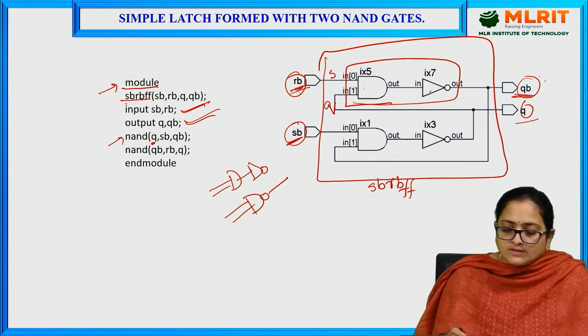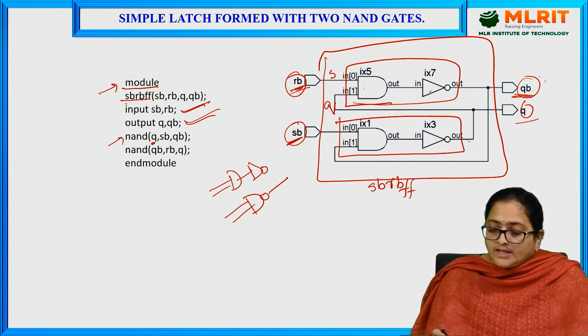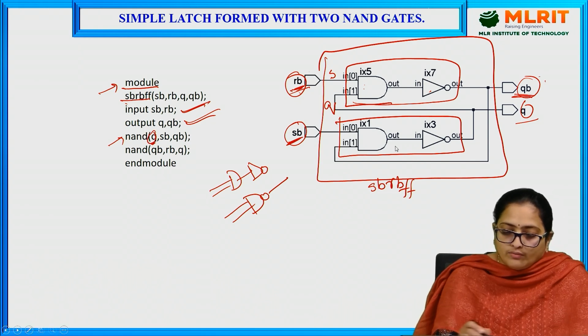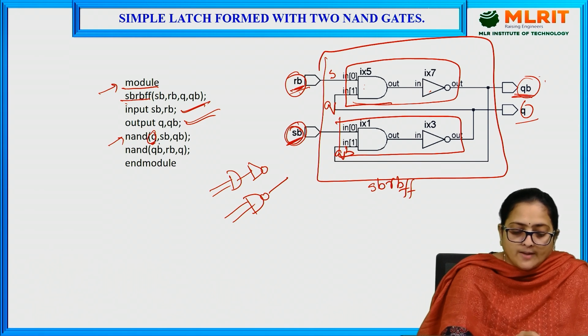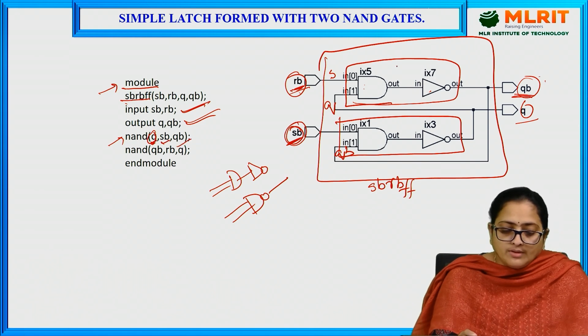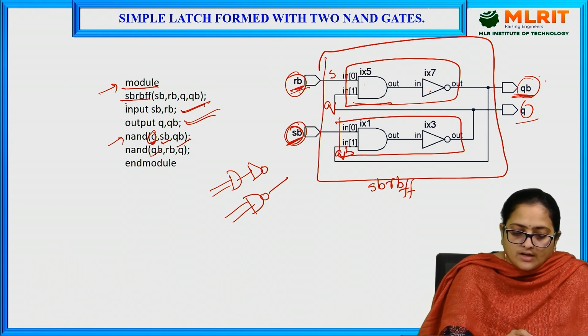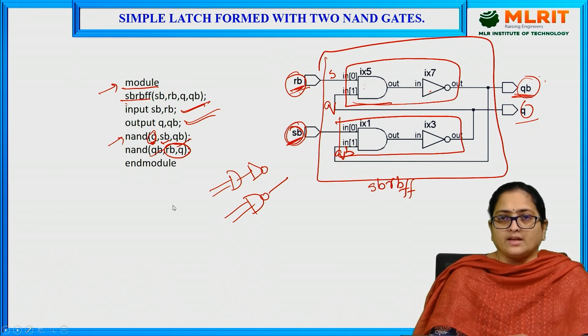Here the NAND gate output is connected with Q and the inputs for this NAND gate will be SB as well as QB. So, NAND output is Q, inputs are SB and QB. Coming to the other NAND gate, output is QB, and inputs are RB and Q.